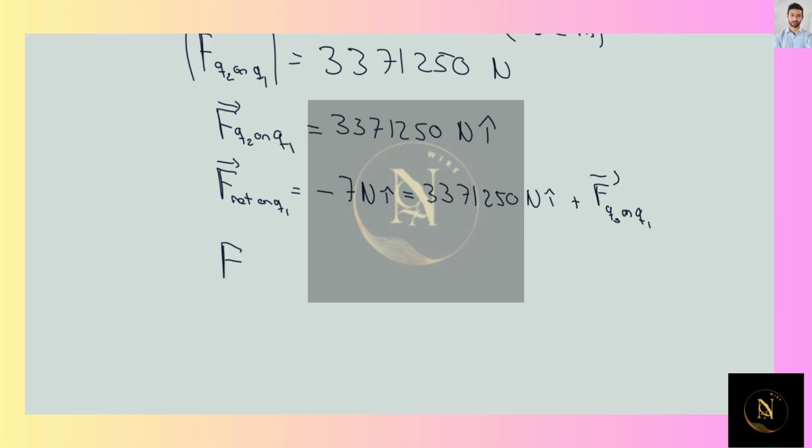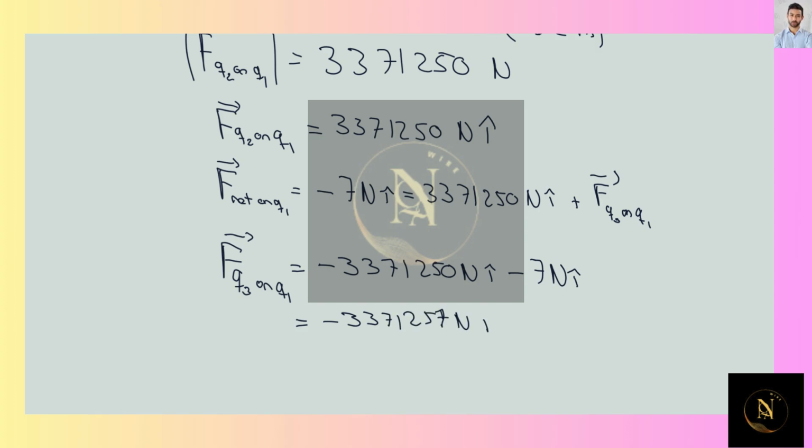The vector of Q3 on Q1 is going to be equal to minus 3,371,250 newtons in I minus 7 newtons in I. So this is going to be equal to minus 3,371,257 newtons in the I direction.